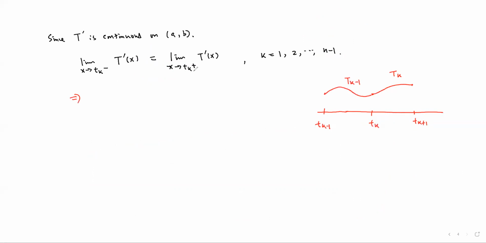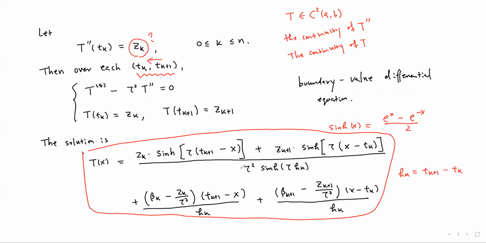So actually, Tk derivative at tk is equal to Tk minus 1 derivative at tk. Now how to get Tk minus 1? Replace the k here with k minus 1.